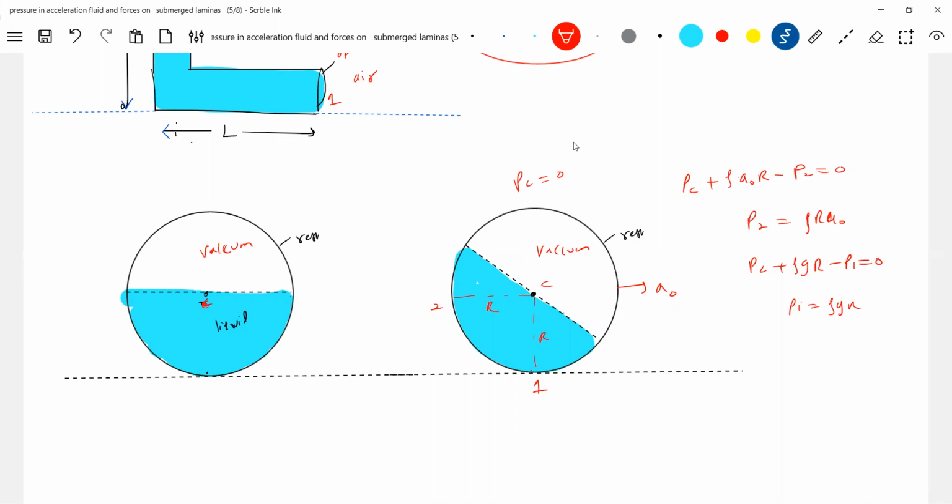Okay, sir, what about here? I'm interested in this particular point. Okay, no, see, just get to the manometric equation. I think I'm making things very clear for you. So what about pressure at 3? You write in terms of 4.